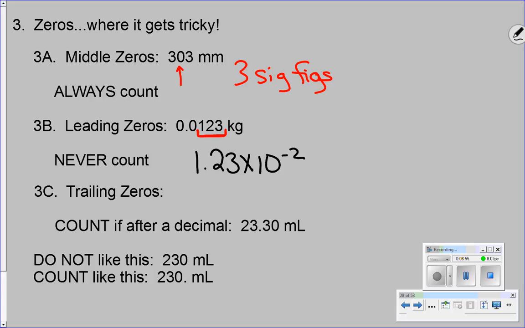So you want to think about what it would look like if you turned it into scientific notation. Do these zeros matter? Yes, they do. But they're placeholders. Well, the one to the left of the decimal actually really doesn't matter. But this 0 right here is considered to be a placeholder. So really, this number also only has 3 significant figures because we only count those non-zero numbers. Those leading zeros do not count.